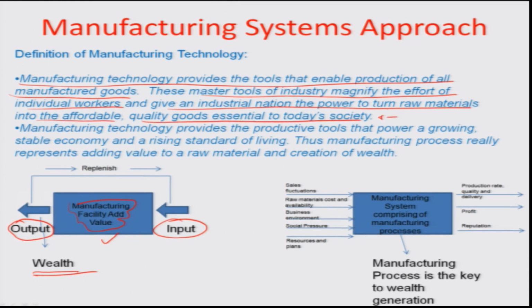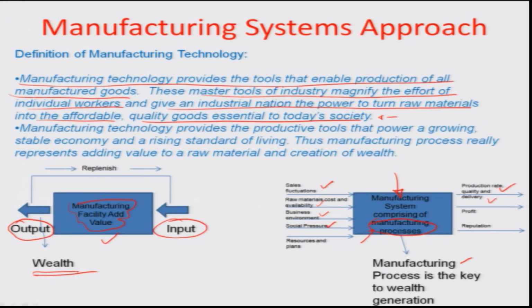So if I look at such a system which has this manufacturing facility, it really comprises at the heart a set of manufacturing processes, and really it is the process which is the key to the wealth generation. On one side there are various inputs like sales fluctuation, raw materials, cost and availability, business environment, social pressure, resources and plans, and on the other hand your production rate and quality.